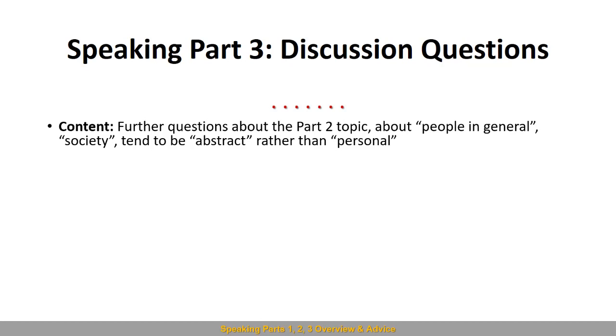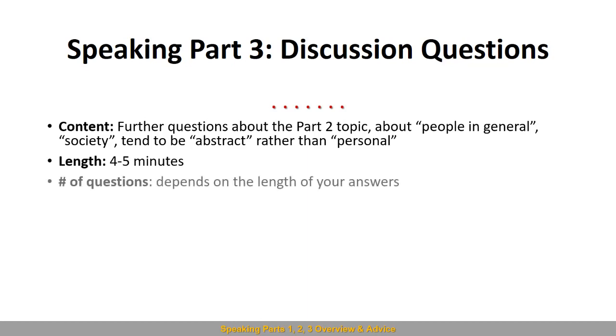All right, and we'll look at an example next, and I can explain a little bit more. The length is 4 to 5 minutes, and the number of questions depends on how long you answer. The length of the part is going to be 4 to 5 minutes. So if you talk for a long time, you'll have fewer questions. If you talk quite short, you'll have more questions.